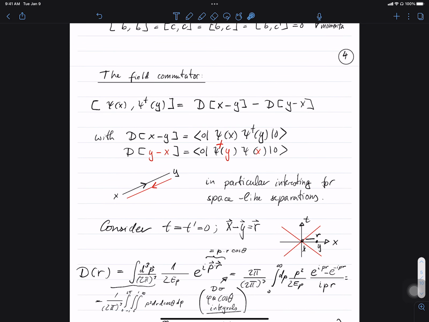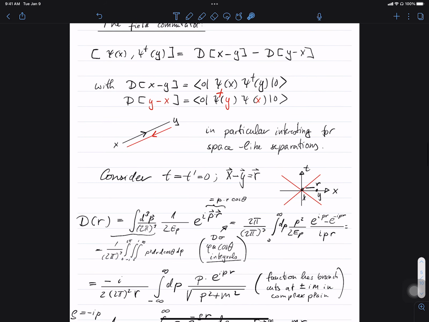Now the field commutator for ψ and ψ dagger can also be rewritten just by plugging in and explicitly writing out in terms of those two propagator functions. The commutator is equal to the difference in propagators where we exchange the starting and final point. And there's quite an interesting meaning here. So what does it mean? They have x minus y.